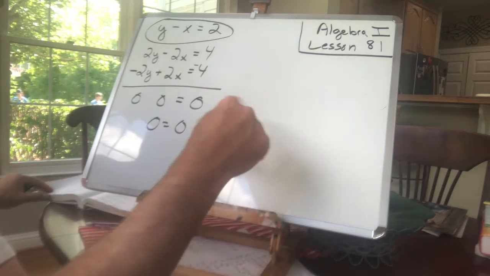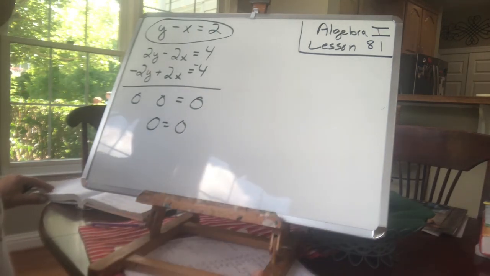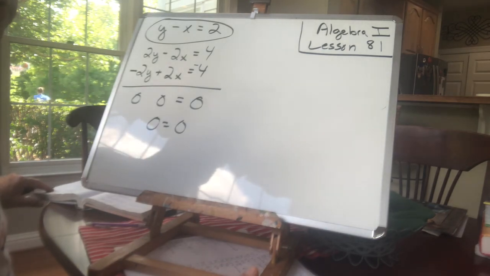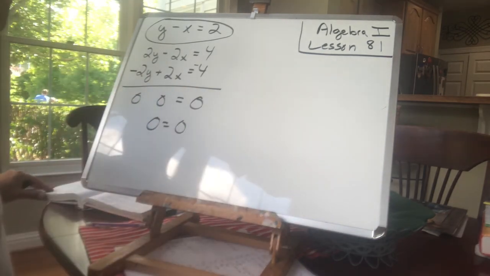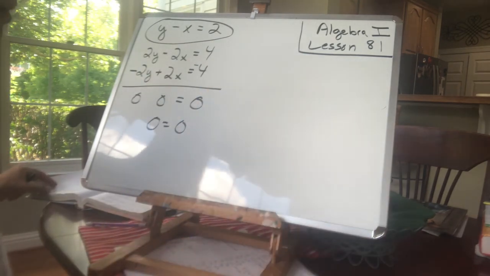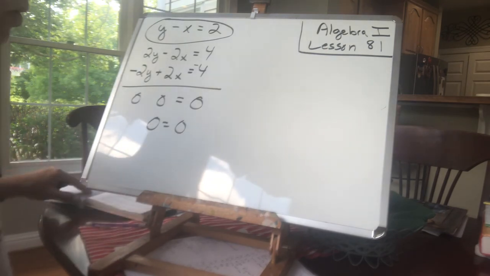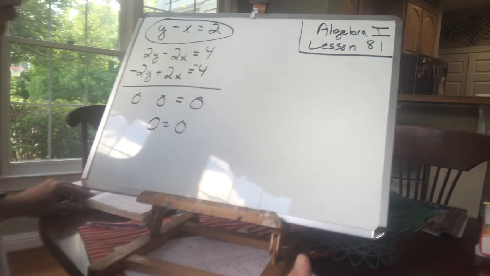The lines will intersect at a point. The graphs of inconsistent equations will never intersect. They'll be parallel. And dependent equations, meaning are they equal or not? Are they equivalent equations or dependent? Dependent or equivalent means the same thing.